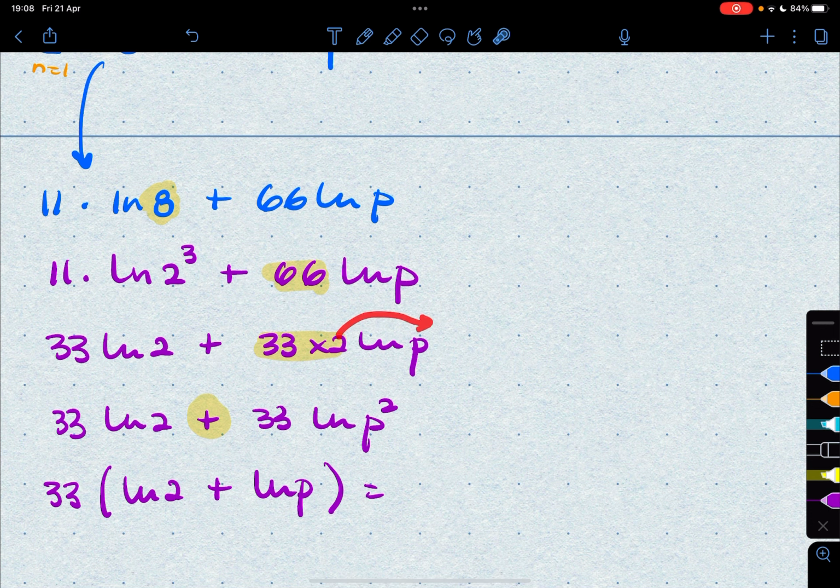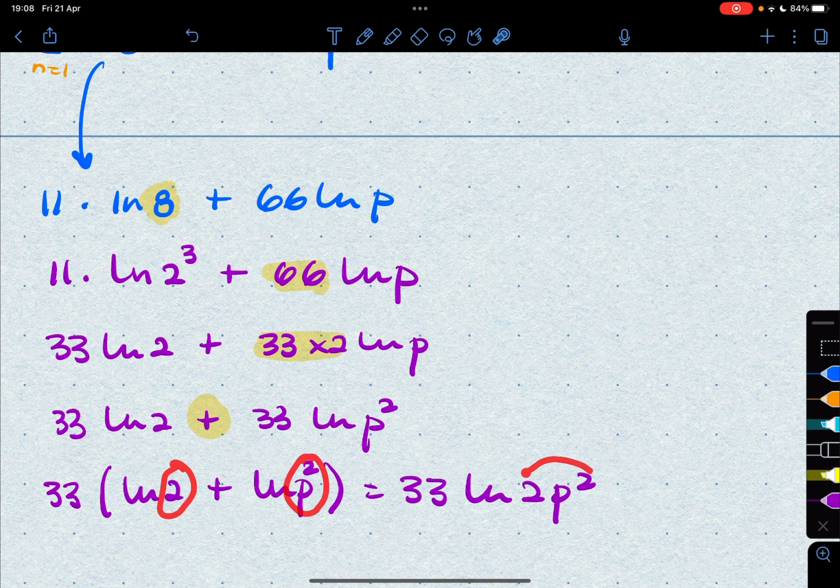So p squared, which is 33 ln 2p squared. So you multiply these here. So that's what they're asking for, and that's the final answer, I think.